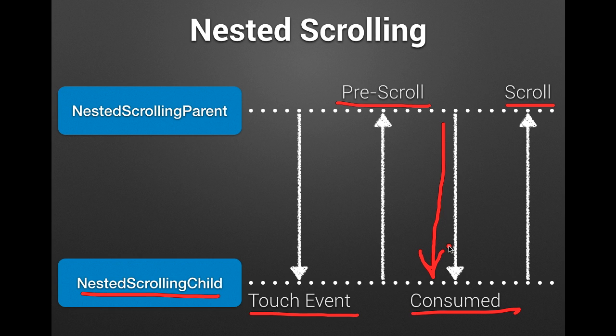Then the child view can use that information to make a determination of how far it should actually scroll its contents. So the parent can take a little, then the child can scroll as much as it possibly can of the remaining. And if there happens to be any more of the user's gesture after all that is done, it's going to kick back to the parent in the scroll event. Okay. Does that make sense?